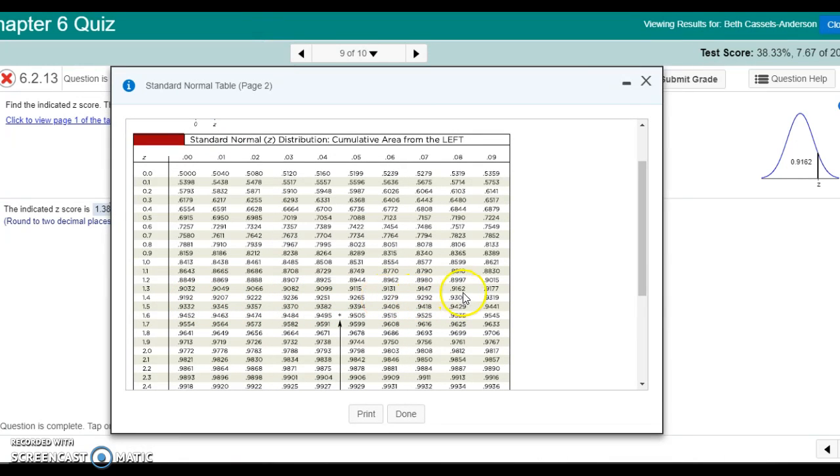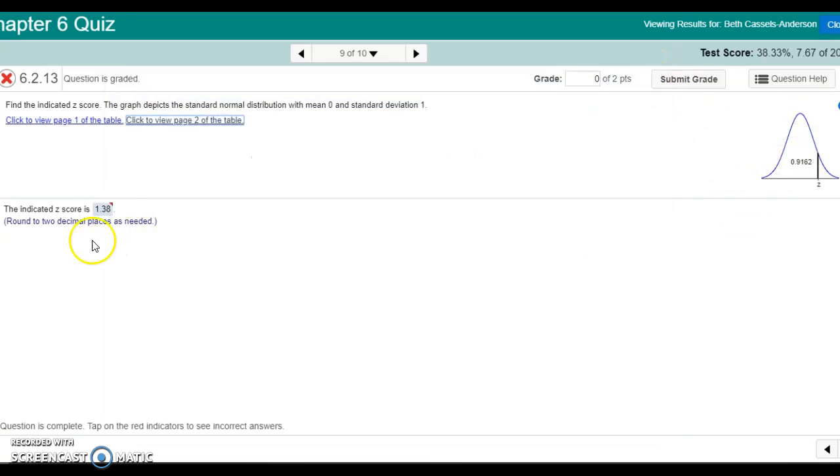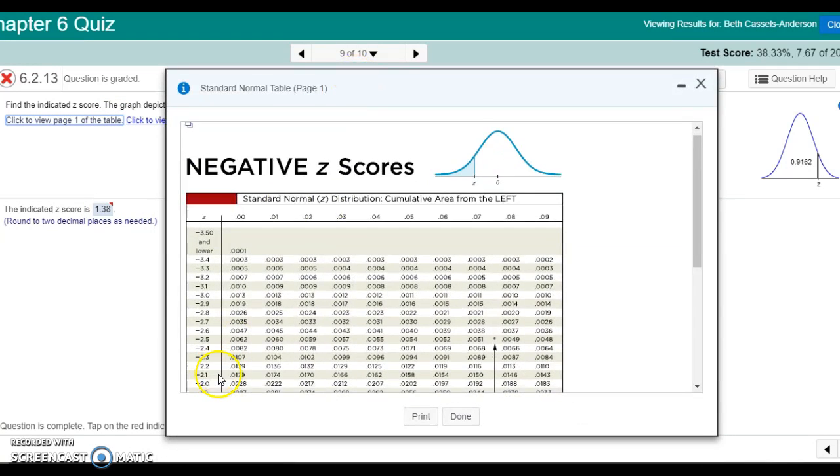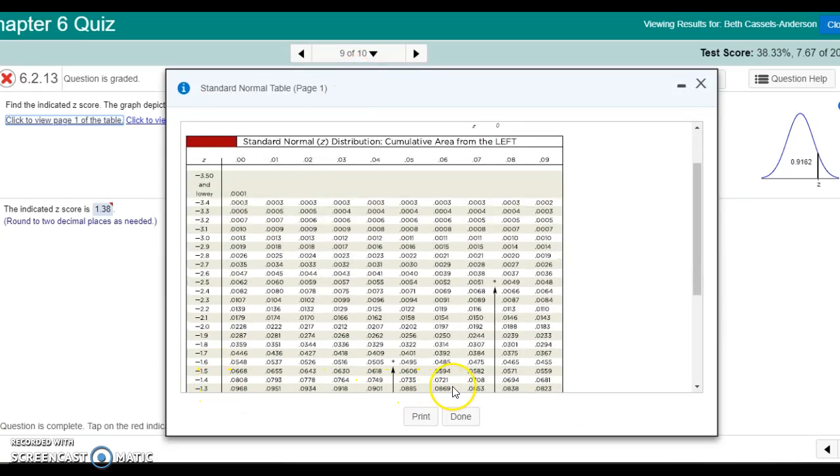0.9162 is actually right here. So if I go to the left, that's going to be a 1.3, and I come up 8. So 1.38 is going to be the area to the left. So you answer positive 1.38. For it to be negative, that would have actually been on this table right here, and a negative 1.38 would have had 0.0838 to the left of it.